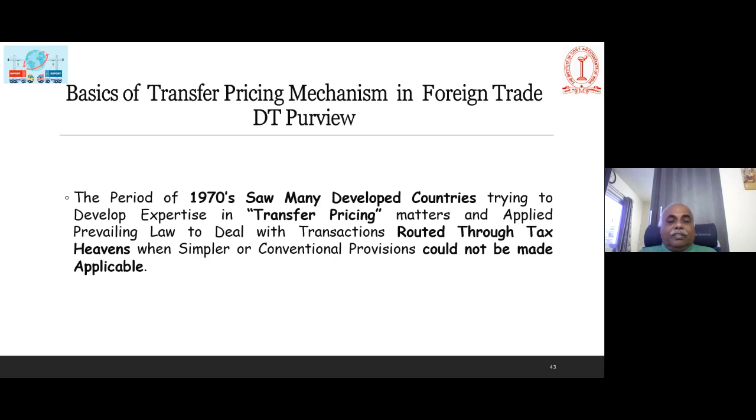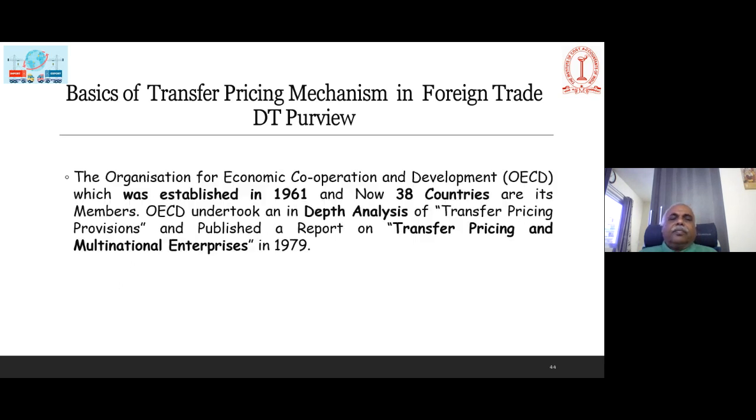Transactions were routed through tax havens when simpler conventional provisions could not be applied. The Organization for Economic Cooperation and Development, OECD, a group of countries, was established in 1961. At present 38 countries are members of the OECD.